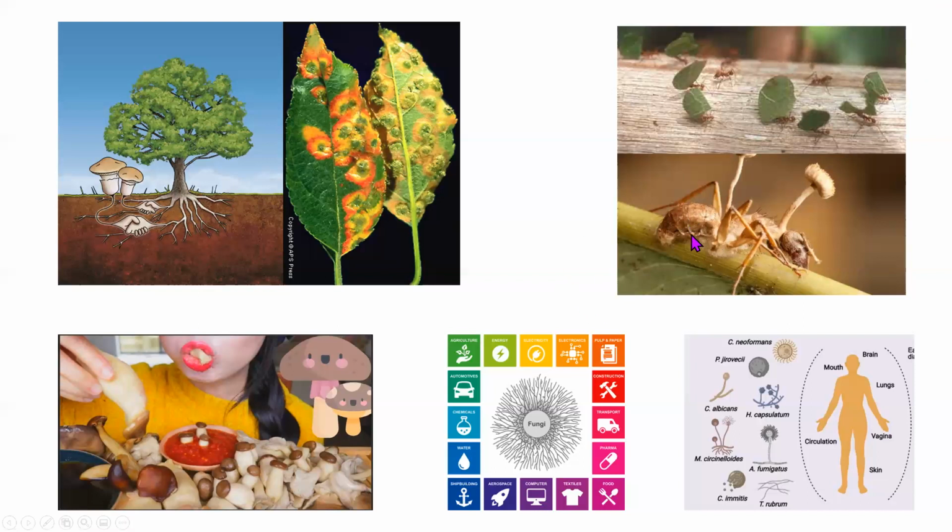But then there's other fungi that are pathogenic to insects as well, and you can see one here. So this insect was completely colonized and eventually killed by this fungus right here, this fruiting body. Eventually, when the insect dies, then the fruiting body emerges.